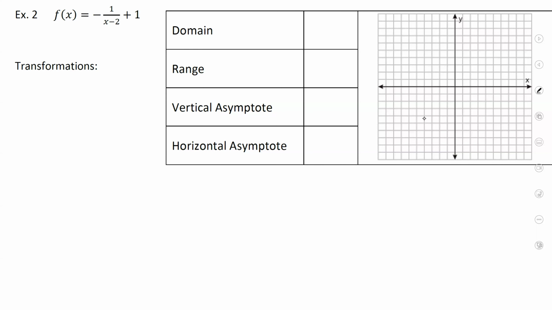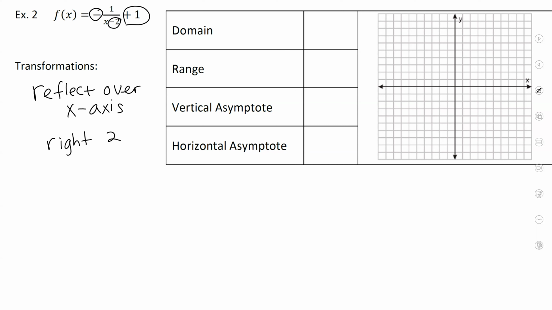Okay, let's talk about the transformations here. Can y'all tell them what's the negative one? Yes, it's going to reflect over the x-axis. That's what the negative in the front does. What about this -2? Good, right 2. And this +1, up 1. Perfect.